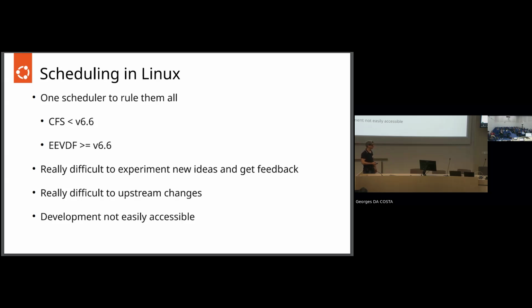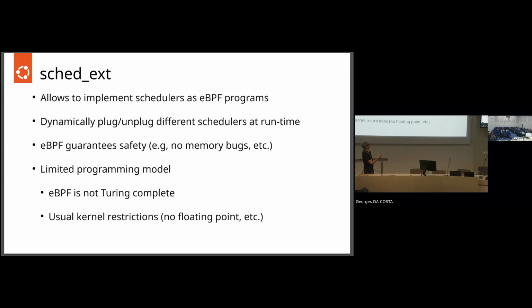It's also difficult to upstream changes; the bar to access scheduling development is really high, unless you are a very experienced kernel developer with many years of practice and knowledge. So it's really difficult to attract young people. I mentioned students earlier. It's doable, but it's really difficult to convince students to do scheduling work because they get scared and discouraged, and they're scared to post patches to the mailing list. So the point is the development is not easily accessible.